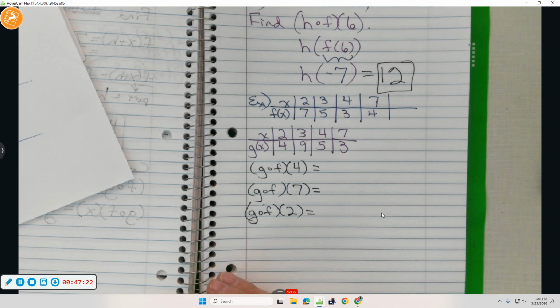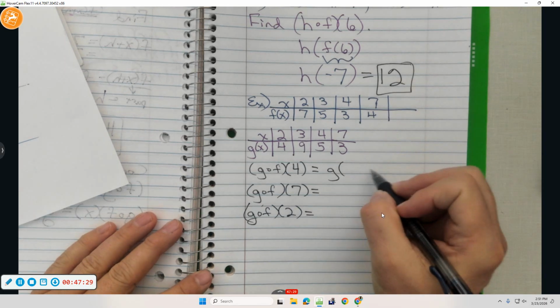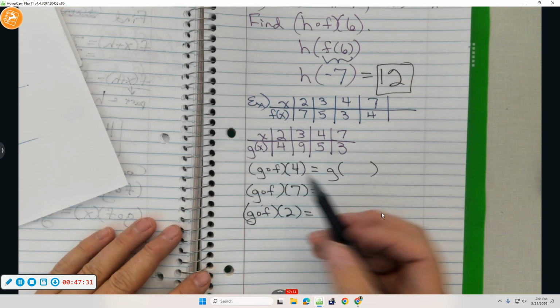Realize the first function that's written, that's the outside function. G is on the outside, and on the inside we have f of 4.